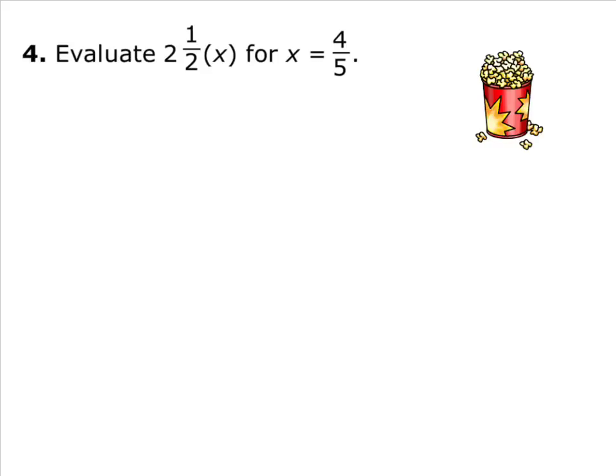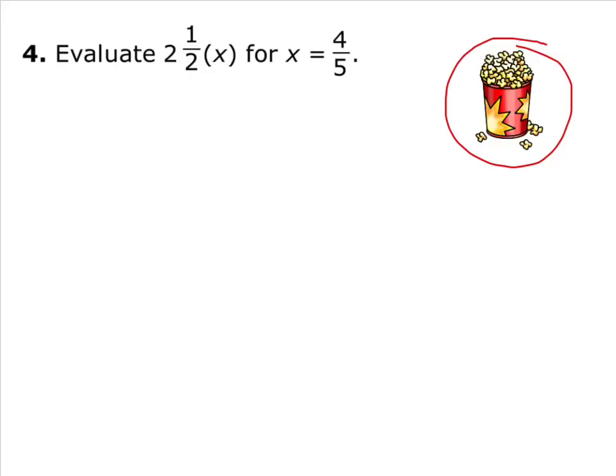Number 4 says evaluate 2.5 times x for x equals 4/5. What we're going to do here, if you notice, I have a bucket of popcorn over here, because we're going to have to use our popcorn rule. What is our popcorn rule?